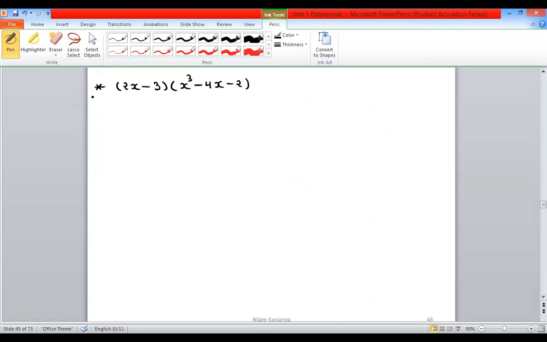Okay, and the answer is: first, starting with this 2x, it is multiplied by this full bracket, x cube plus 4x minus 2. Similarly, move on to the second term, which is minus 3.